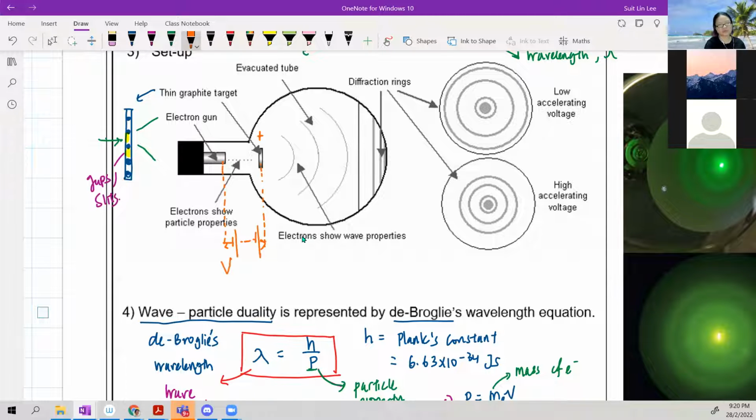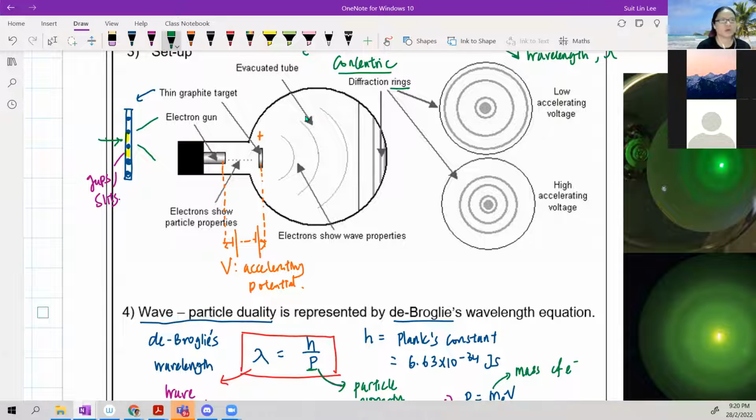So here is your V, your accelerating potential. Based on how fast I hit the metal target, I will get wavelengths. And because wavelength is a wave property, I expect to see diffraction rings. Your syllabus calls this pattern concentric rings. Concentric because they share the same center.